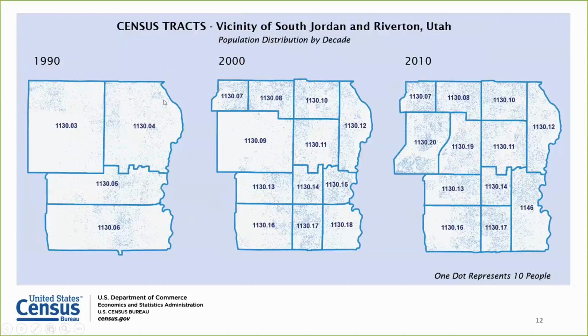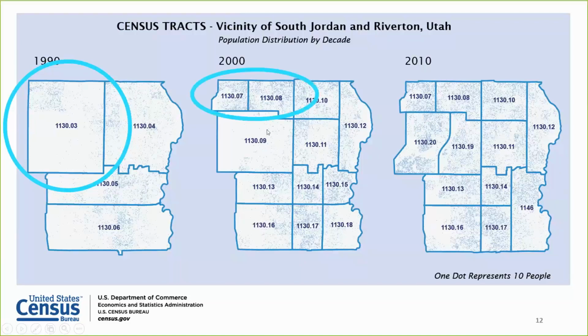So this census tract in 1990 was 1130.03. You'll see that this same area from 1990 to 2000, there are more dots on this map. Each dot on this map represents 10 people. So you'll see that the area of the census tract in 1990 was actually split into 3 different pieces.